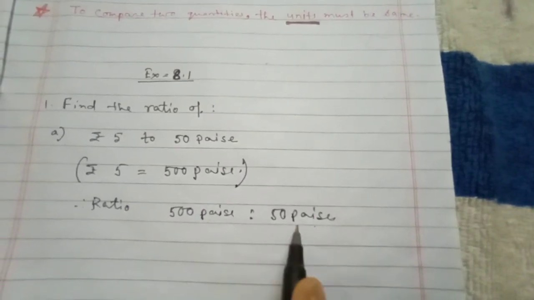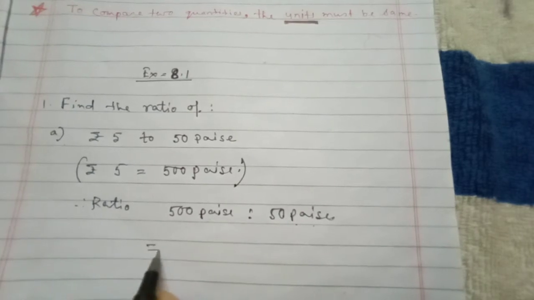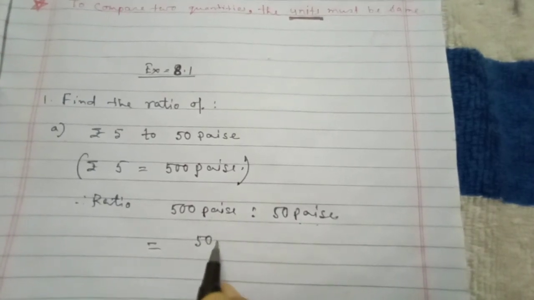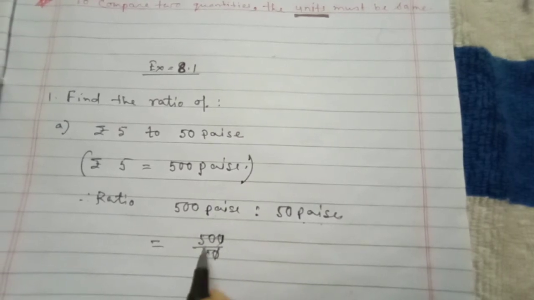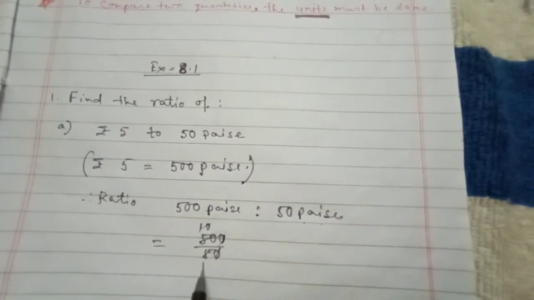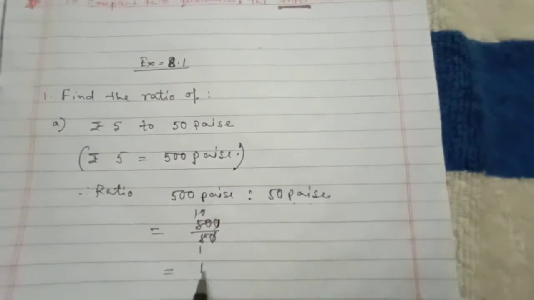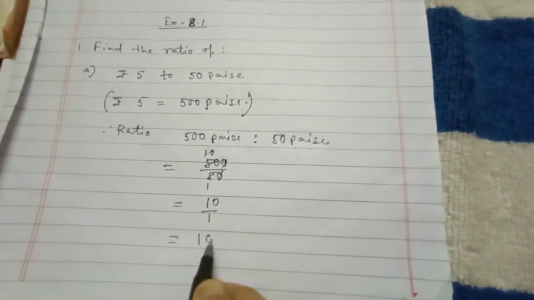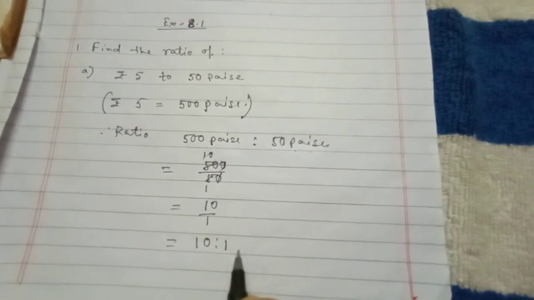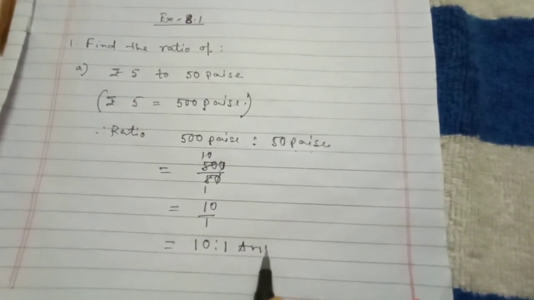Now as because their units are same, then we can write in this way: 500 divided by 50. Cancel this, you can get 10 by 1. The ratio become 10 is to 1. This is your answer. Understood?